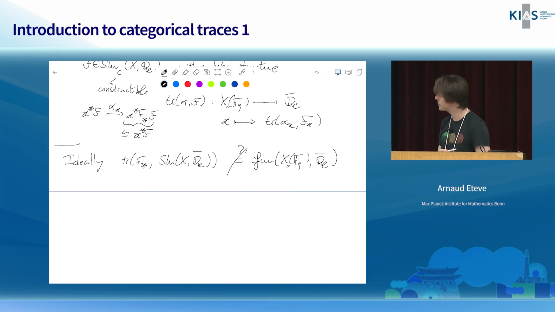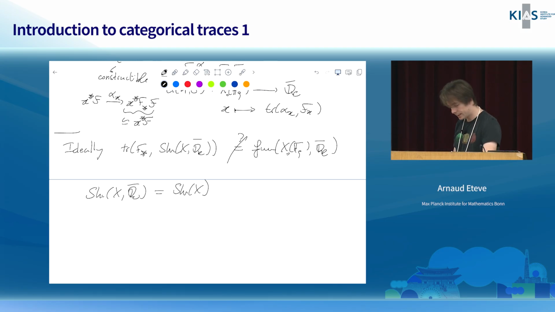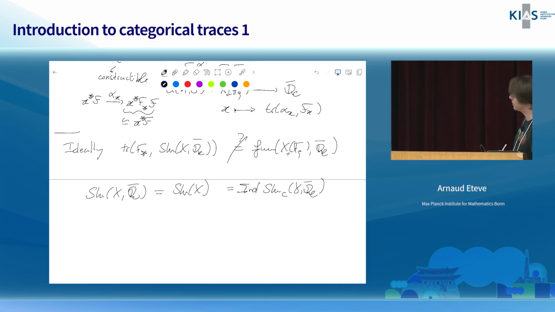So let me first give you the duality datum for sheaves X. I'll write sheaves X QL bar as sheaves X from now on. So it's Ind of the constructible sheaves. So it's, again, compactly generated and dualizable.